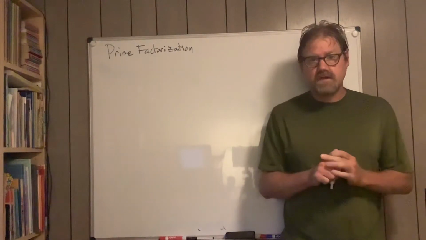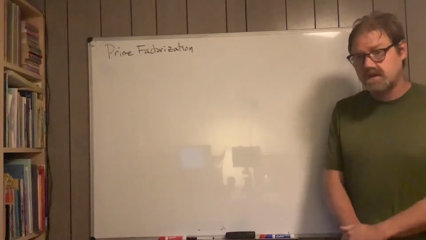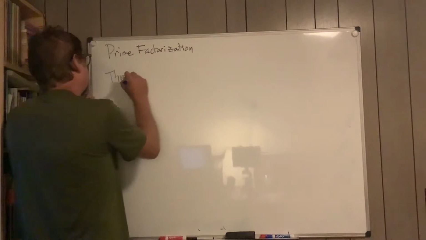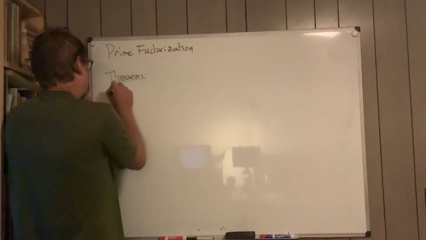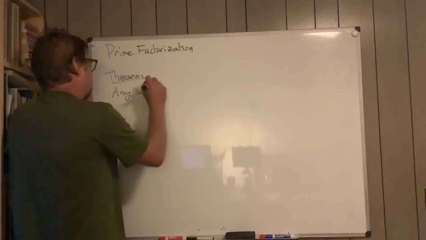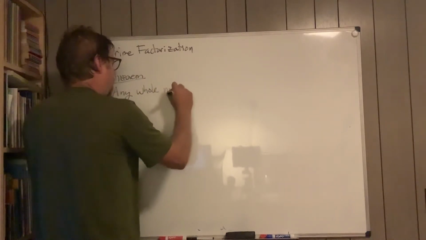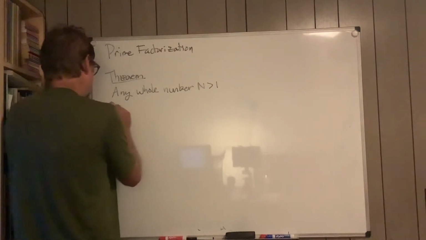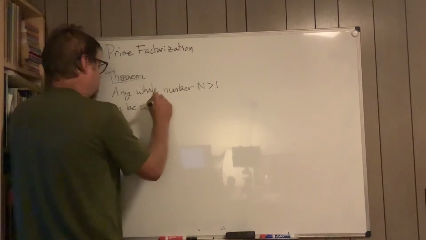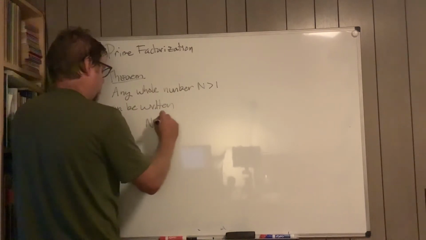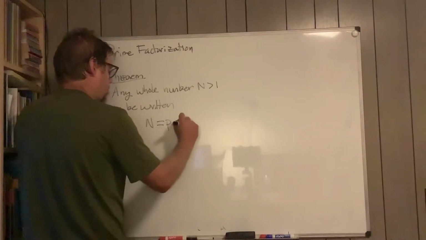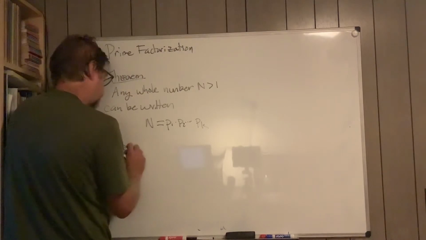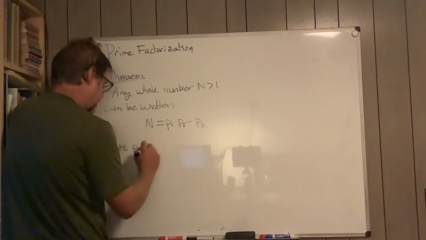So this little video is talking about prime factorization. So we have this theorem. This is from another video, right? Any whole number n bigger than 1 can be written in terms of primes.